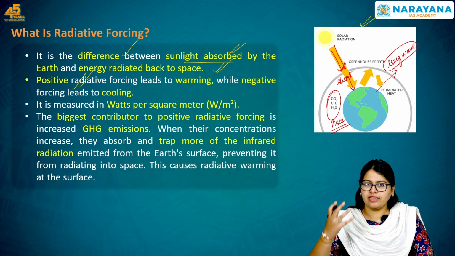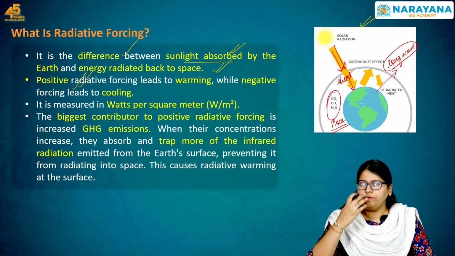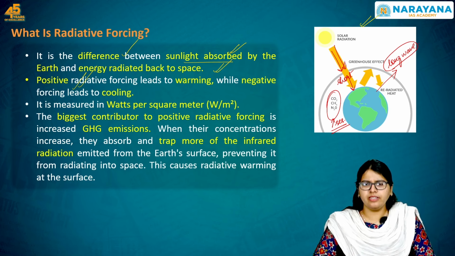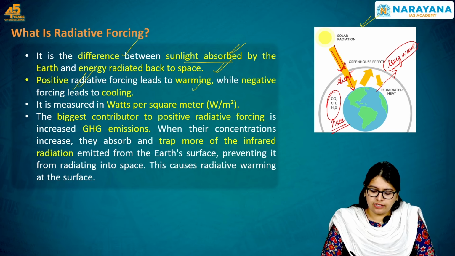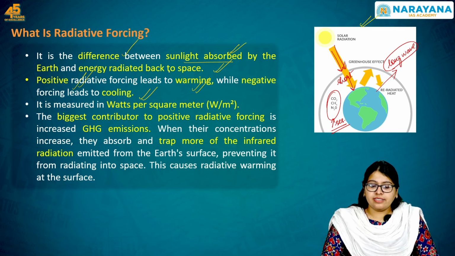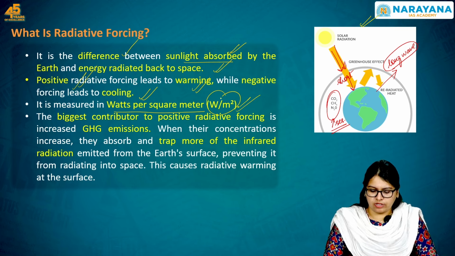That is why there is more absorption, that is, the re-radiated energy is also absorbed by CO2 etc., thereby increasing the temperature. So that is called positive radiative forcing, which in turn leads to warming, while negative forcing leads to cooling. And this radiative forcing is measured in terms of watts per square meter.